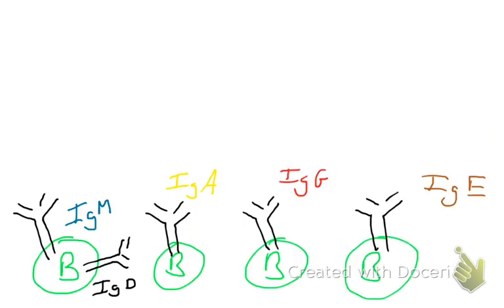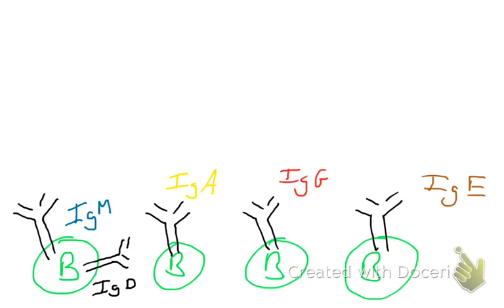You're probably familiar with different types of antibodies: IgM, IgA, IgG, IgE, and the very little known IgD. These are all antibodies, also known as immunoglobulins. We'll see that they can be present on the membranes of B cells, and later that they can get secreted and be used to combat an infection.